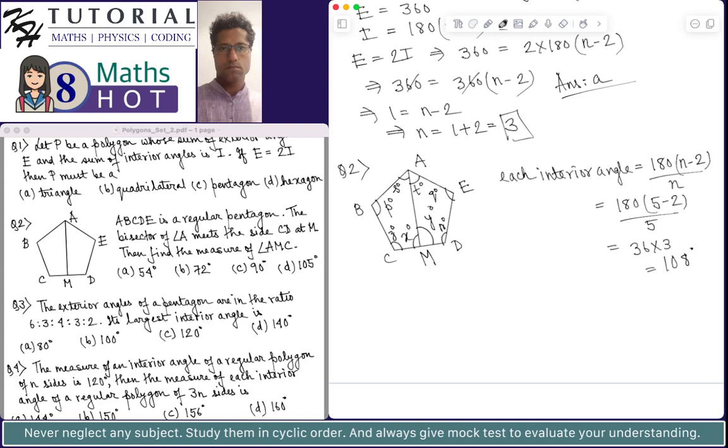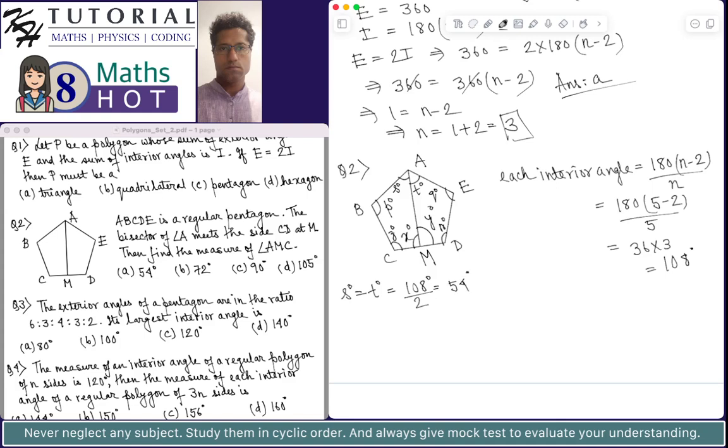Now we have named all the angles. ABCDE is a regular polygon, so S degree is equal to T degree, because they are the angle bisectors of the angle A. Angle A is an interior angle, which is 108 degree, divided by 2, so each of S and T is 54 degree.